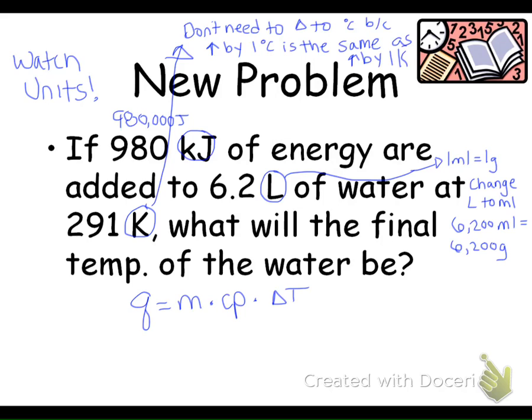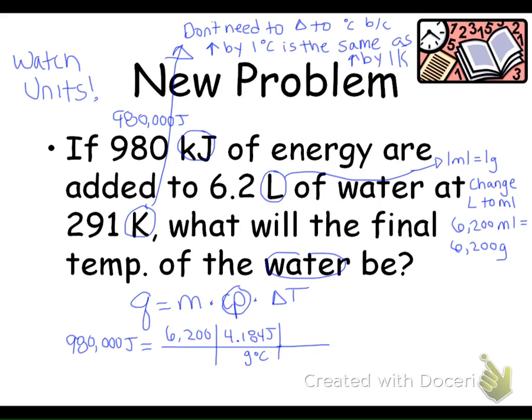So now as I set up my problem here, I can plug in my variables. I know I have 6,200 grams. I'm calculating with water, so I know my specific heat is 4.184 joules per gram degree Celsius. I'm trying to calculate the temperature change, which in this case would be 37.77.